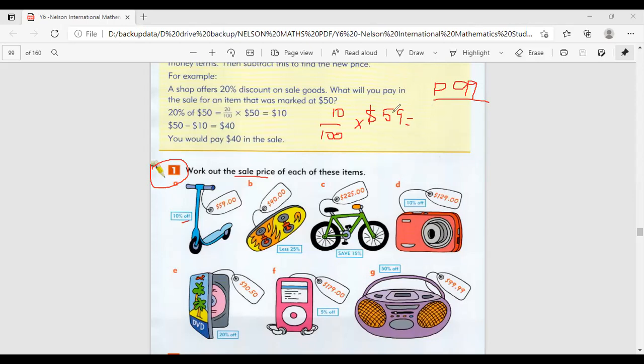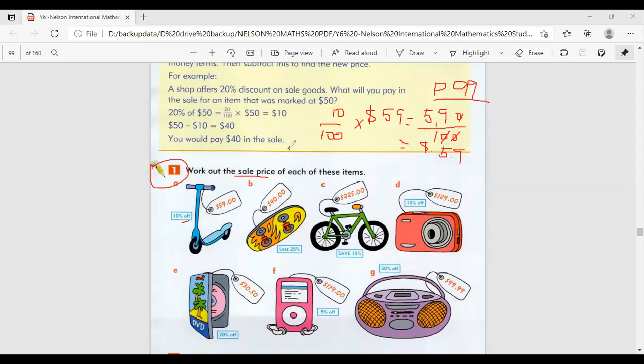So that will be 59 times 10 is 590 divided by 100. So let's cancel 1 and 2, 1 and 2. Okay, so the discount now is $5.9.